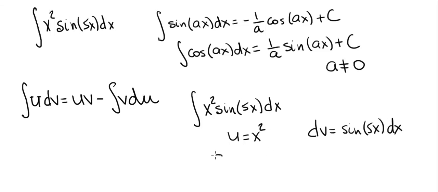We want to make du easier than u, so here du will be a lower degree polynomial. It's 2x instead of x squared. And v, using one of the formulas above, here a equals 5, so v is minus 1/5 times cosine of 5x.